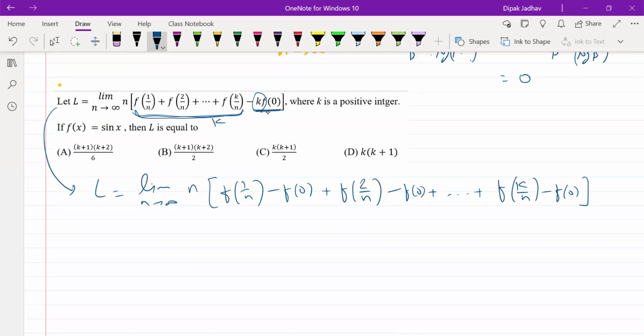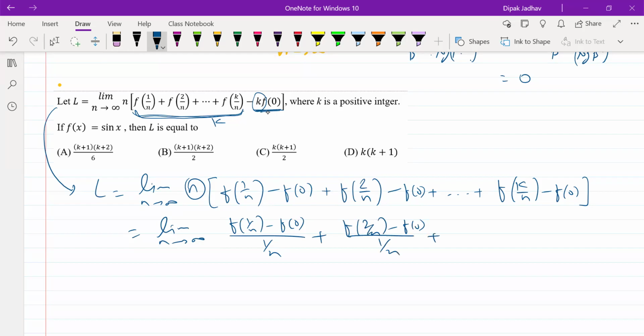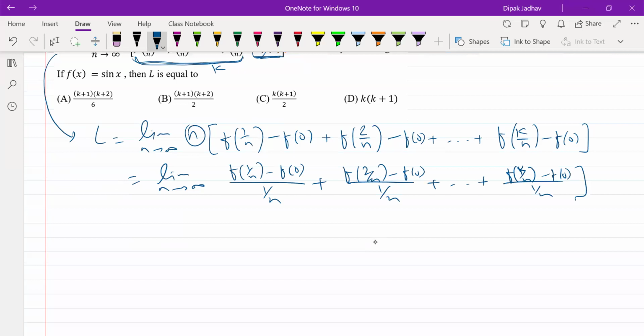And then this coefficient n, you pull it in the denominator as 1 by n. Now all these terms are different.